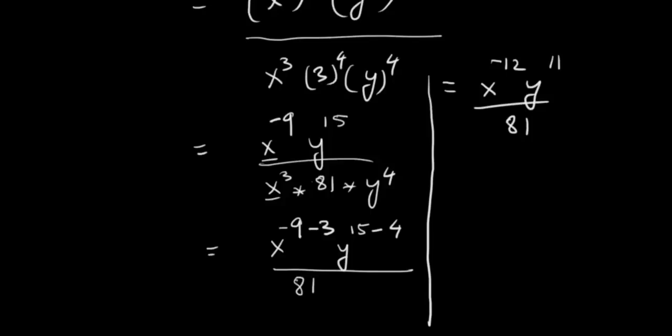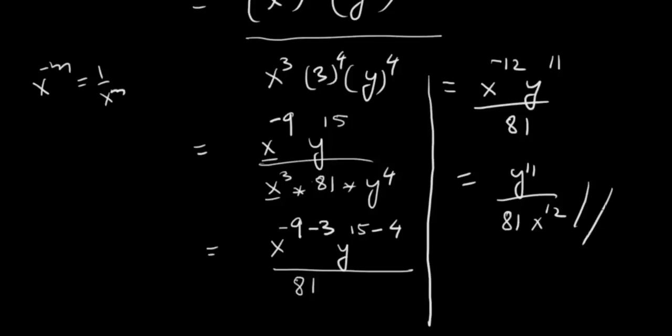But now what I want is I don't want to see these negative signs on the index, so I try to make them positive. And how do I make them positive? Just by switching the denominator to numerator or numerator to denominator. Since here it is negative in the numerator, I'll just move it to the denominator so that it will be positive. I just follow this rule: x to the power negative m is 1 over xm. So that's all. So y11 will be over 81 x12. So this will be my final answer.